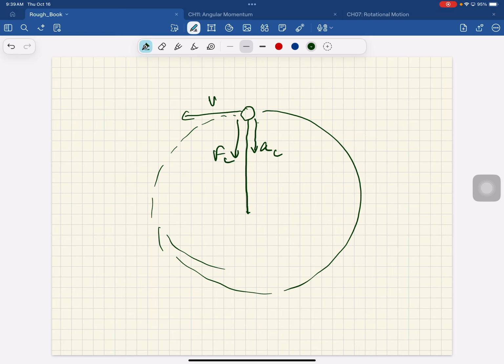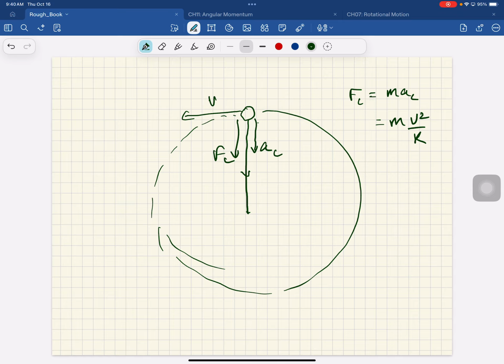The centripetal force is equal to mass times the acceleration, which is mass times v squared by r. What is providing the centripetal force in this case? Yep, the tension in the string, you're pulling on it.